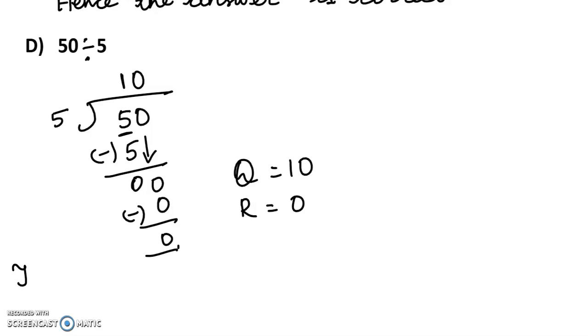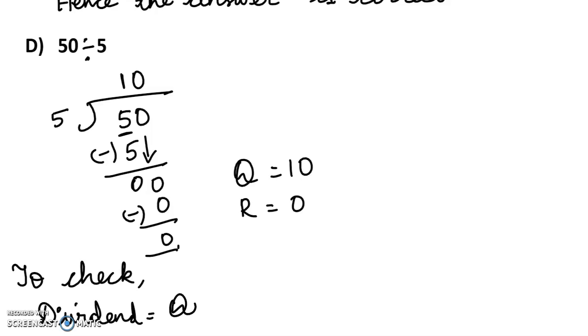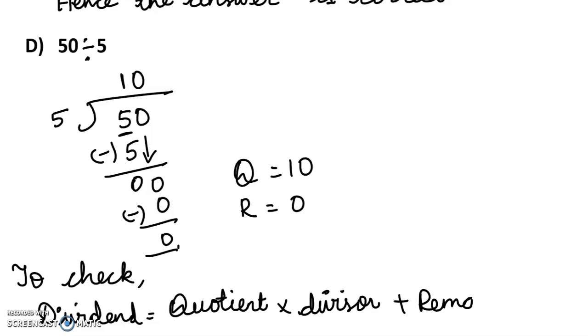So what is the formula to check? Dividend equal to quotient into divisor plus remainder.